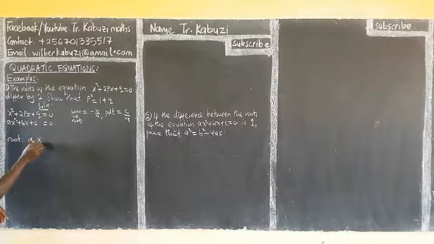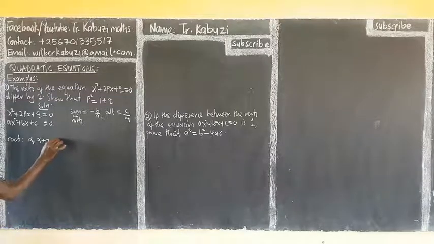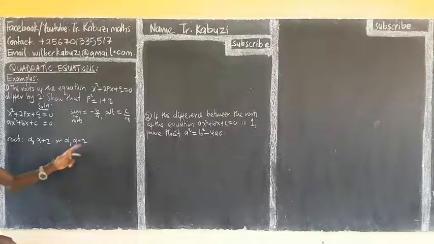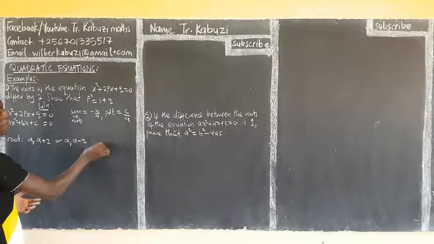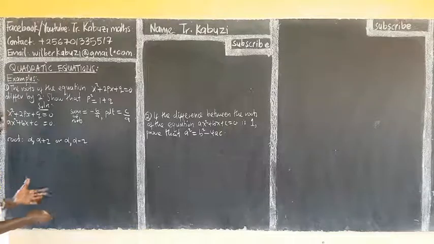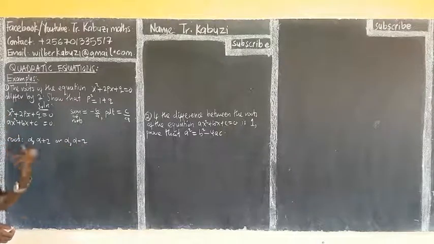So you can say the other root is going to be alpha plus 2, because when you subtract one from the other, you get 2. Or the other pair can be alpha and alpha minus 2. When you subtract this from this, the difference is 2. So you either take this pair or this. Or you can even take alpha minus 4 and alpha minus 6, as long as when you subtract them, you get 2.